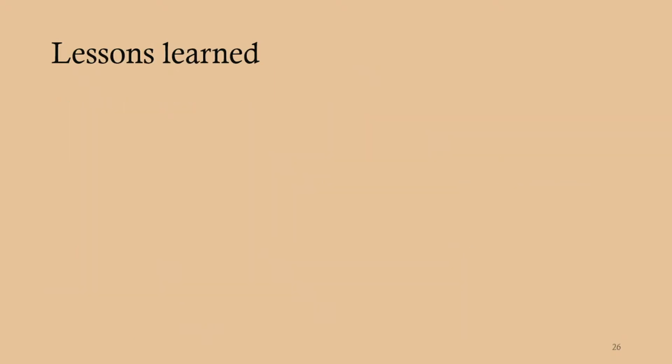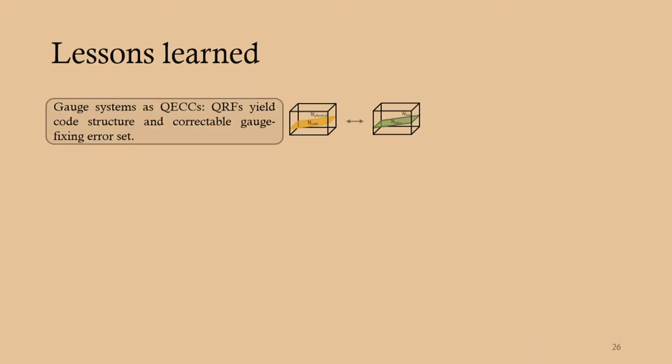Okay, and now let's recap some of the lessons learned. The first and most important lesson is that we can understand gauge systems as quantum error correction codes, and quantum reference frames, on the one hand, yield insight into the code structure because they give us insight into what the encoded data looks like, and they give us a set of correctable gauge fixing errors.